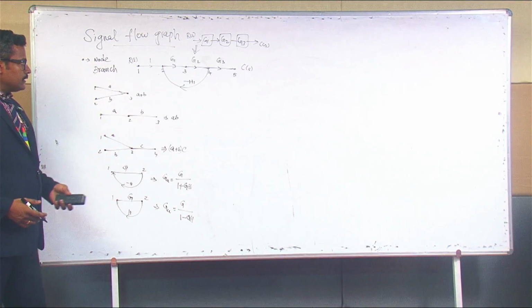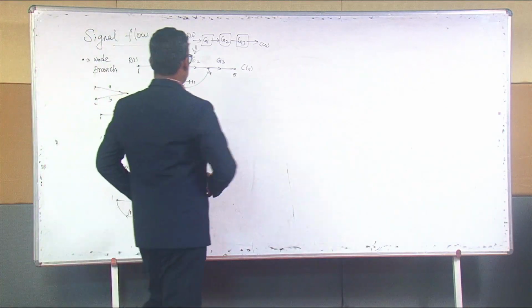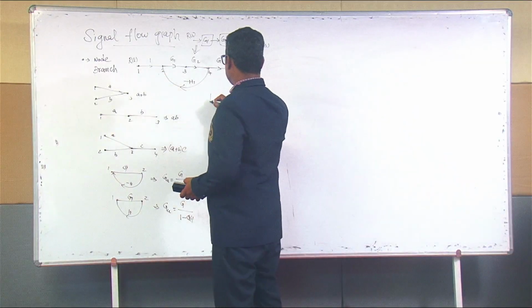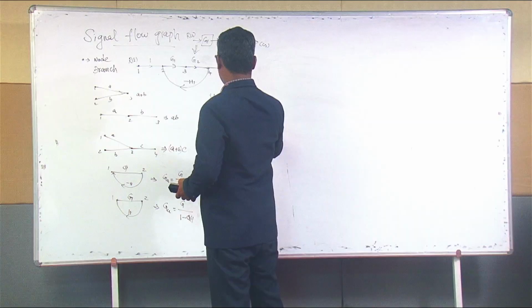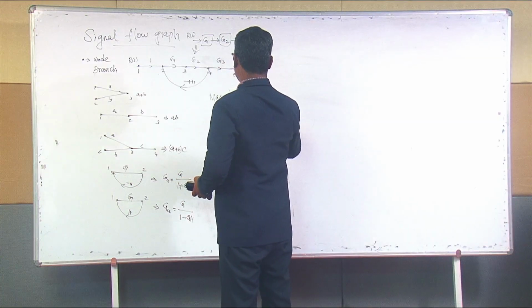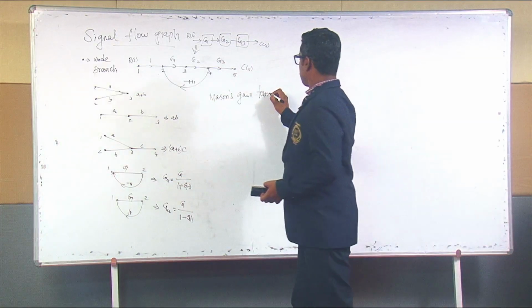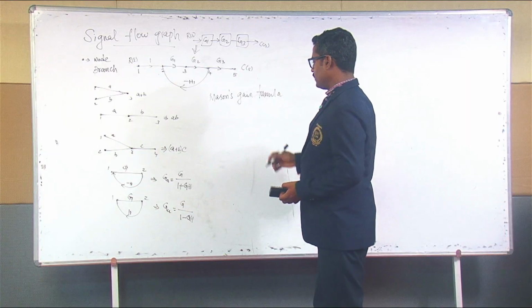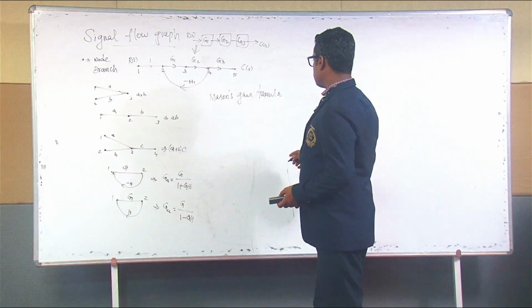For reducing this, Mason has given the formula. This is called Mason's gain formula. Mason's gain formula is for deriving the transfer function of any system.